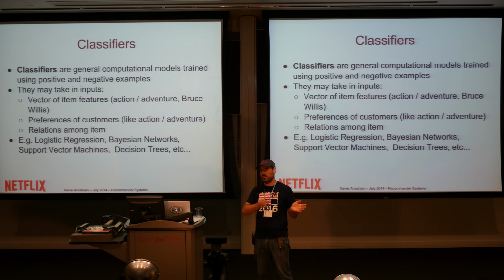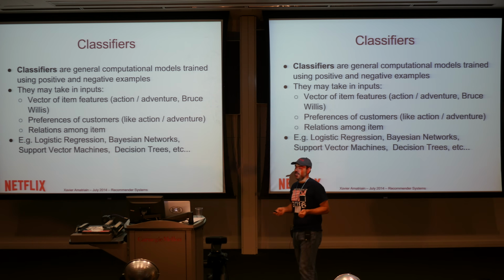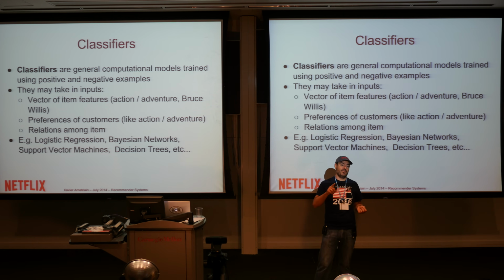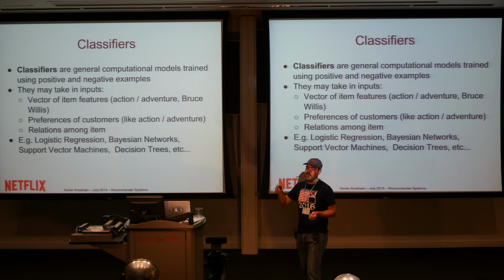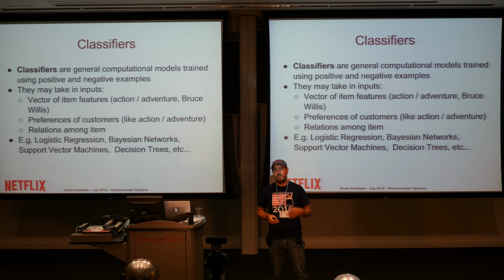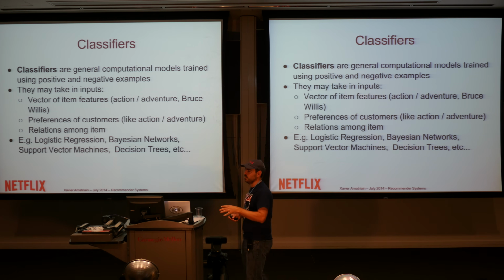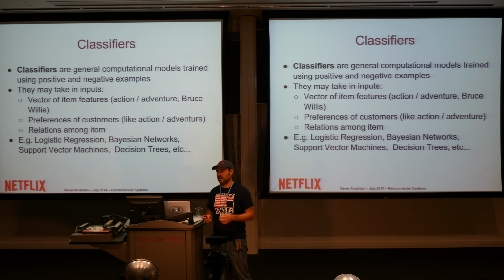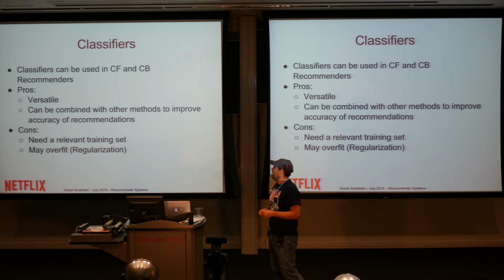Some of these methods can be used both for collaborative filtering and for content-based. Or you can use the preferences or the clicks of a user, click or not click, and feed it into a classifier. If the user clicked, it means it's a positive label. If the user didn't click, it's a negative label. Then I feed it into a classifier, and let the classifier act as a recommendation.